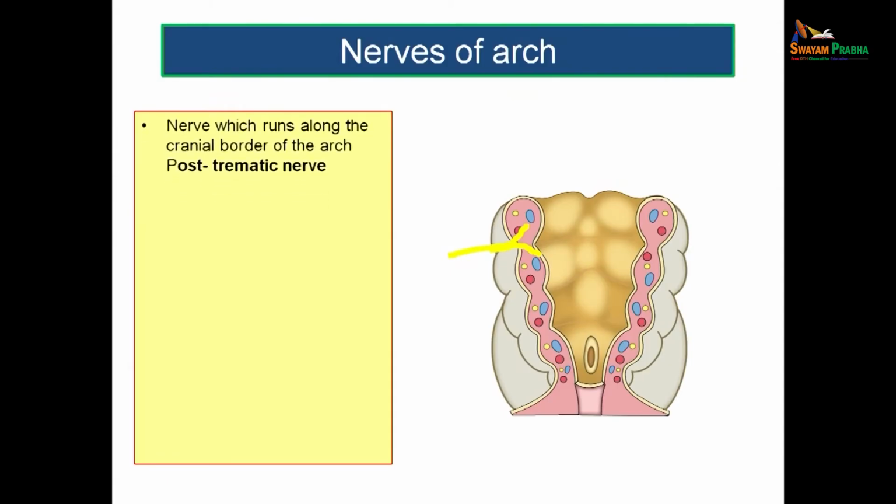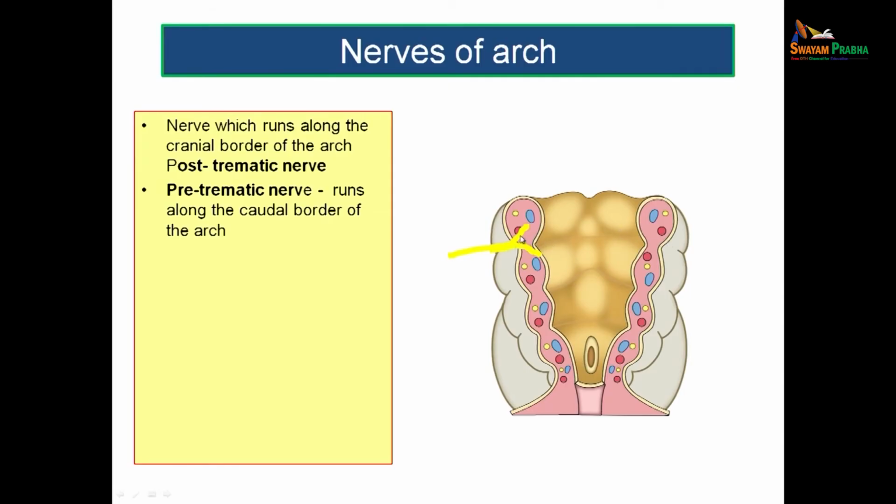Now I would like to comment something about the nerves of the arches. So nerves actually run along the cranial border as well as along the caudal border of the arches. When you take this single arch, you can see that this is the cranial border of the arch. Cranial border means the border lying closer to the head. This is the caudal border.